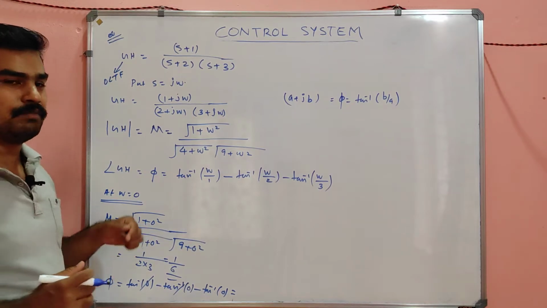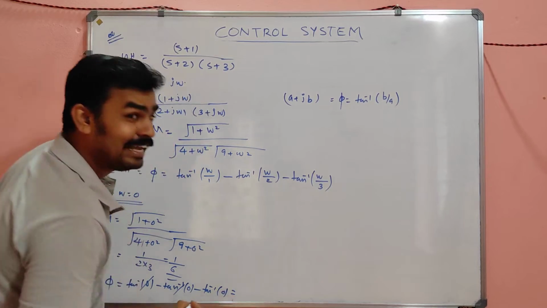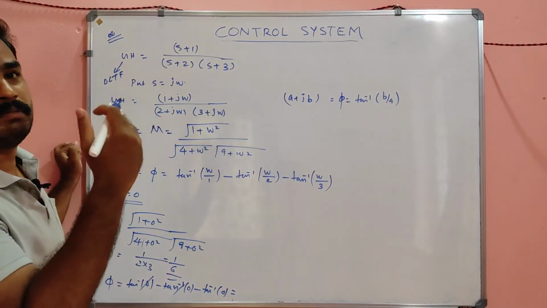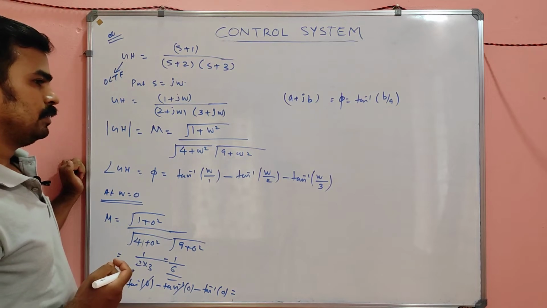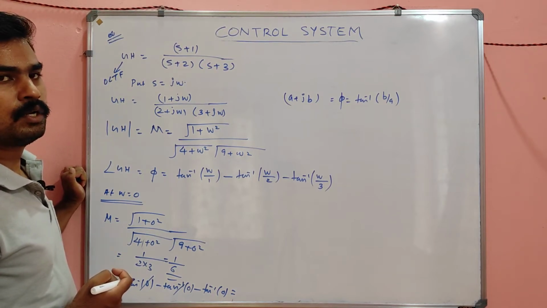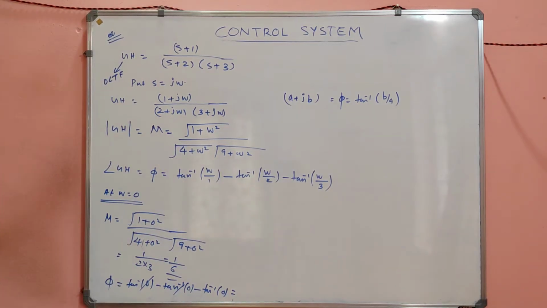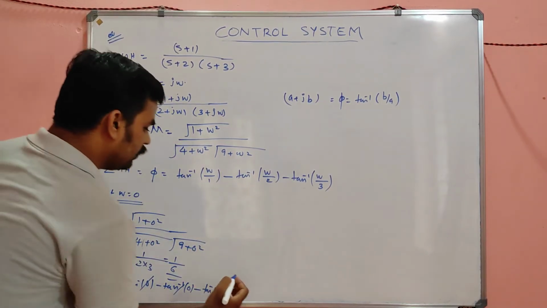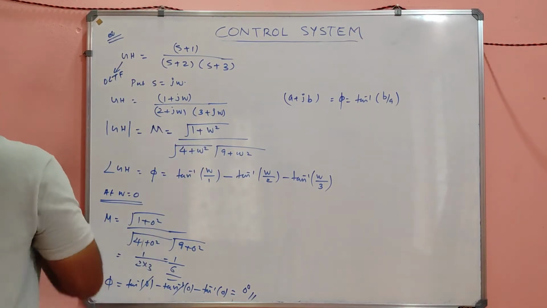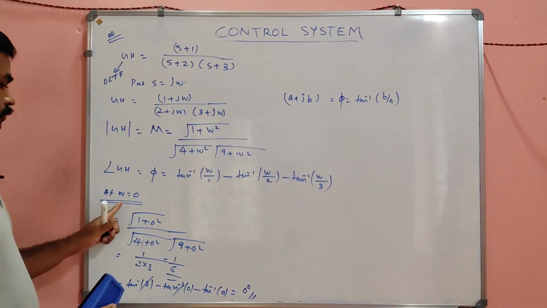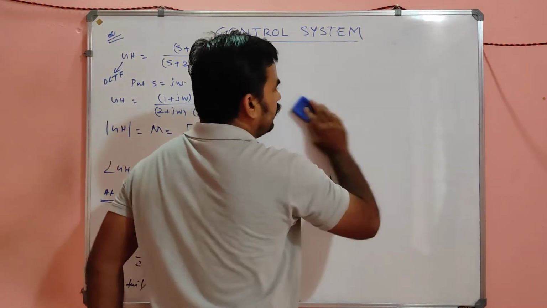Sin 90 by cos 90 will be infinity, and tan inverse 0 is sin 0 by cos 0. Correct? So phi will be equal to 0 degree. So at omega equal to 0, you got both the magnitude as well as the phase angle.